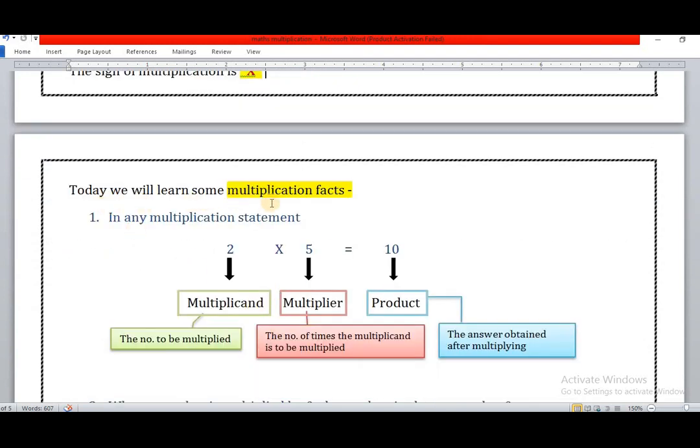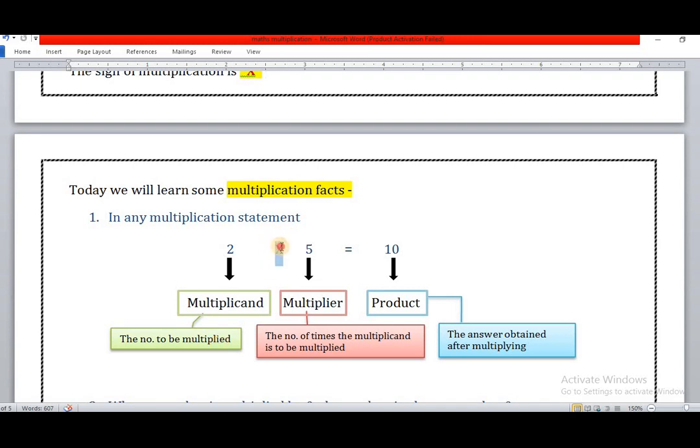Today we will learn some multiplication facts. Let's take number 1. In any multiplication statement, for example 2 into 5 is equal to 10, here 2 is the multiplicand. Now what is a multiplicand? The multiplicand is the number to be multiplied.